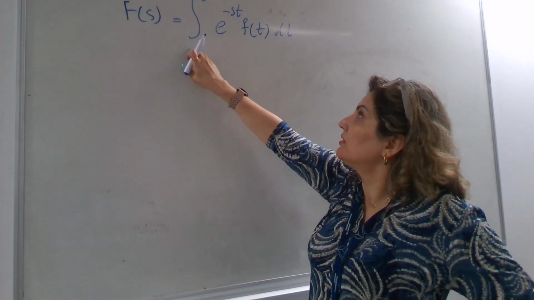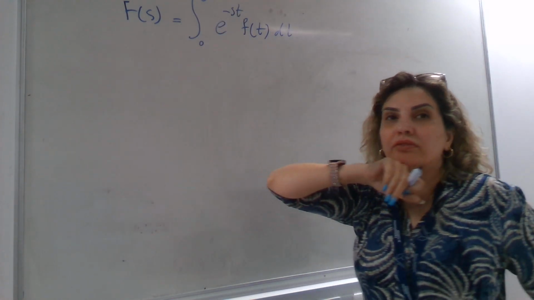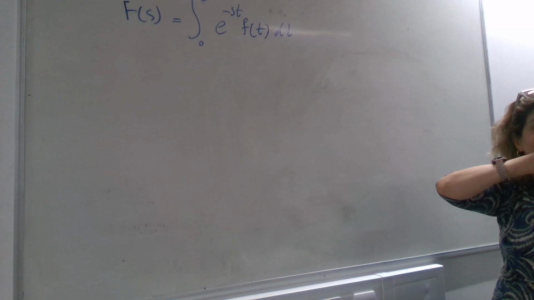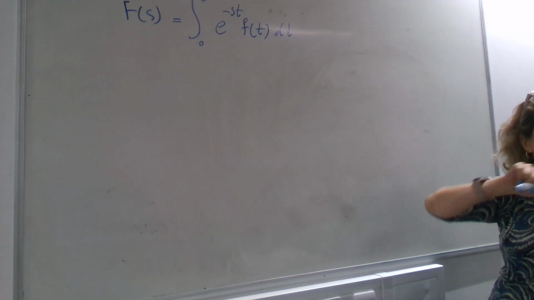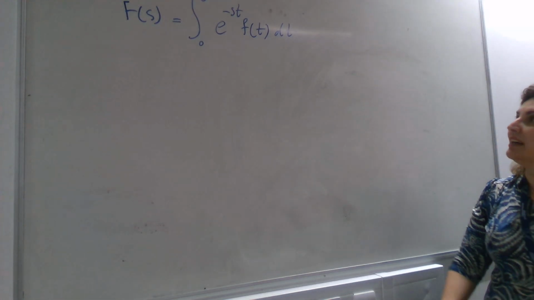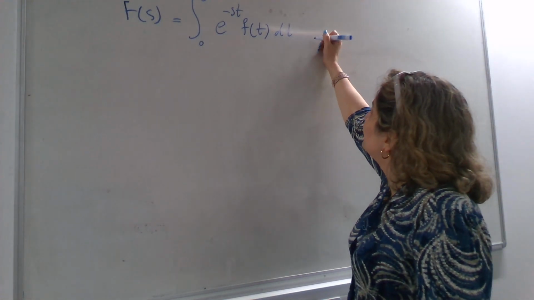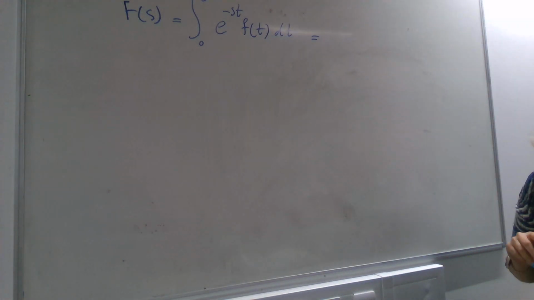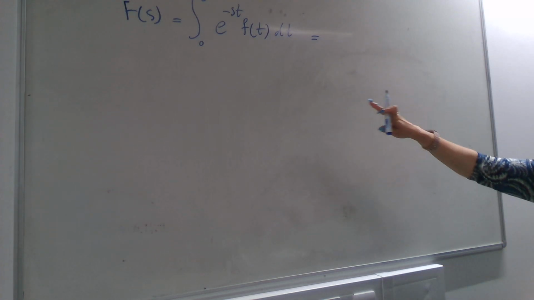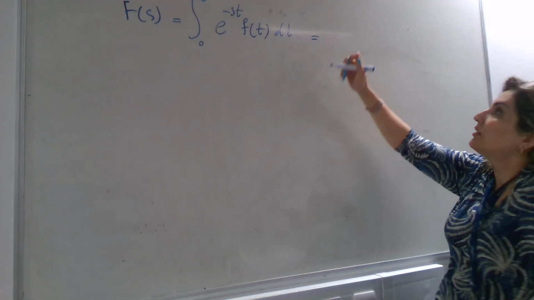So has anyone done integration from 0 to infinity before? Yeah, I was doing this last year. How do we do it? Integration by parts. Yes. And that means that we do what? Can you help me write it down? So when we have integration from 0 to infinity, we are doing limits.